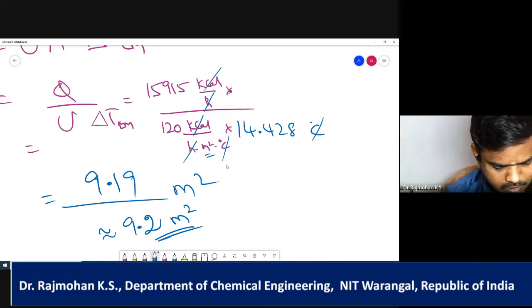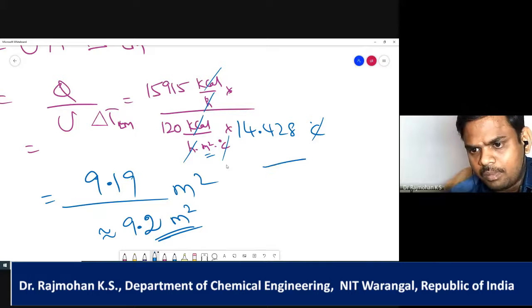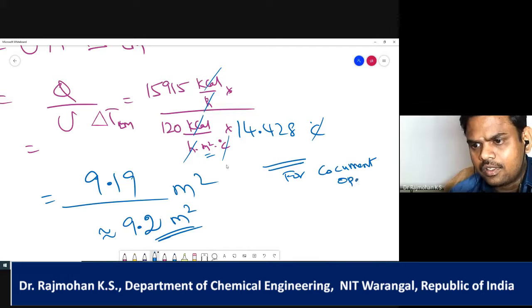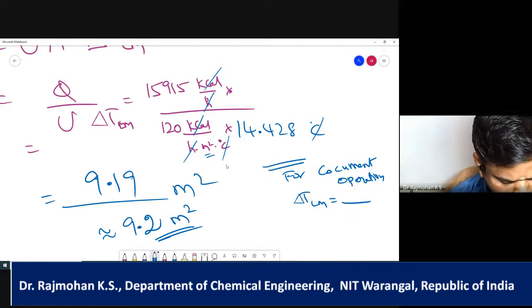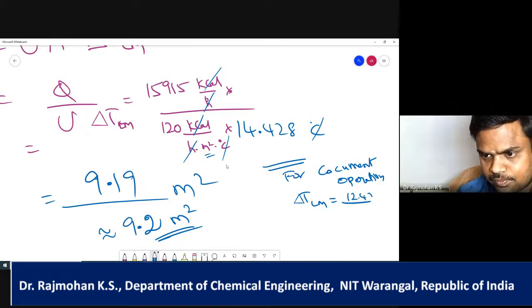Okay. So can you please repeat the problem for co-current? For co-current operation, you can repeat the problem where delta T logarithmic will be different. What is that? You will get a different value of 12.42. So you will get the area value correspondingly as 10.75 meter square.